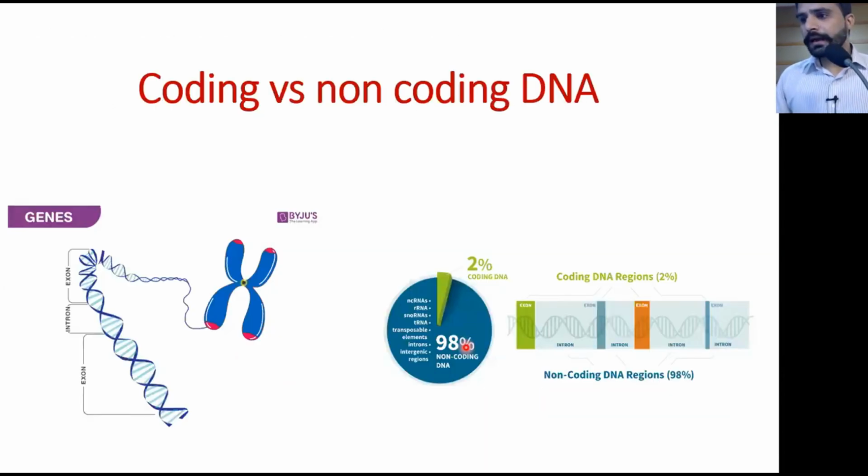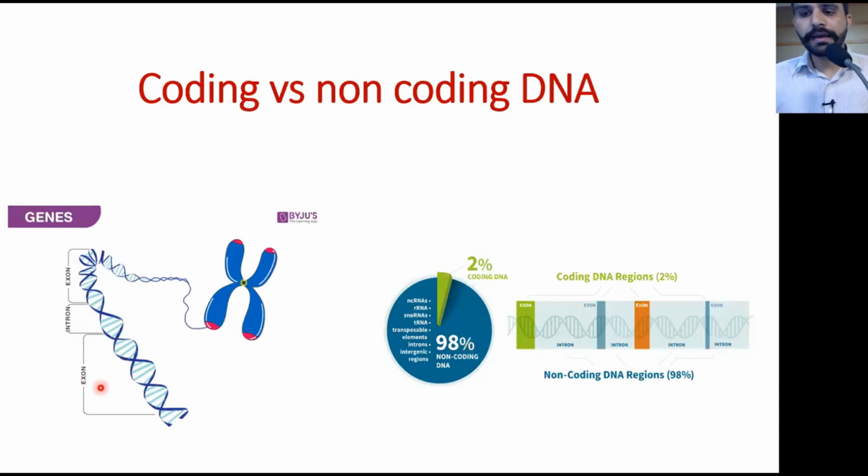As I have already told you, only 2% of the DNA is coded in the form of proteins. DNA is in the form of a chromosome, and there are dispersed sections of the DNA that give rise to proteins, and these sections are known as genes.